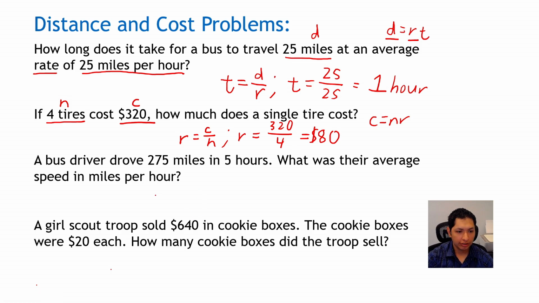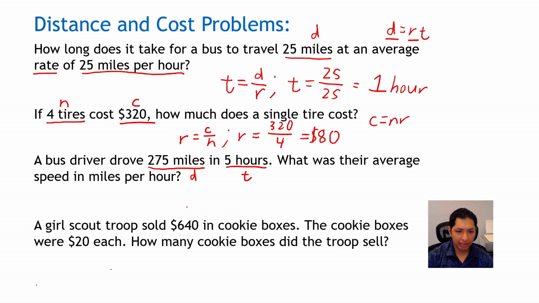Two more examples. A bus driver drove 275 miles in 5 hours. What was their average speed in miles per hour? So it gave us the distance they traveled, 275 miles, and it gave us the time, 5 hours.